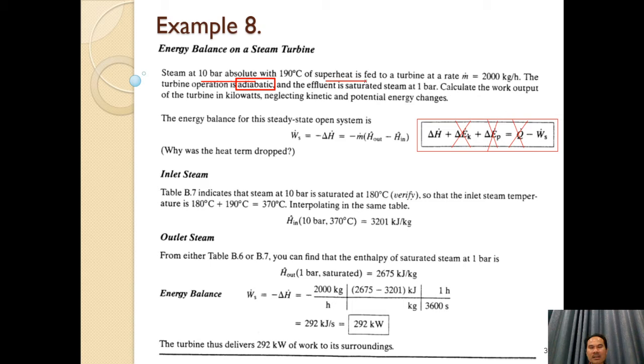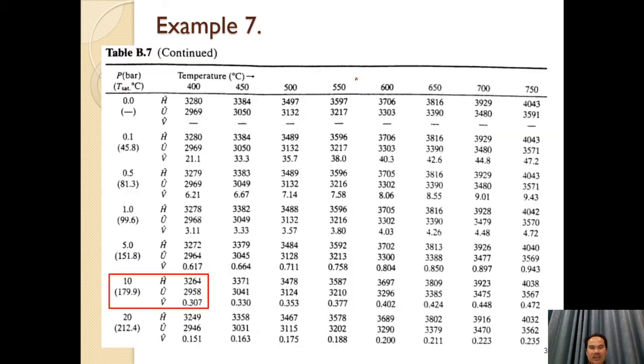Oh, sorry, for this case I said something wrong. Steam at 10 bar absolute with 190 of superheat. This means the 190 is greater than the saturation temperature. The saturation temperature for 10 bar is about 179.9.